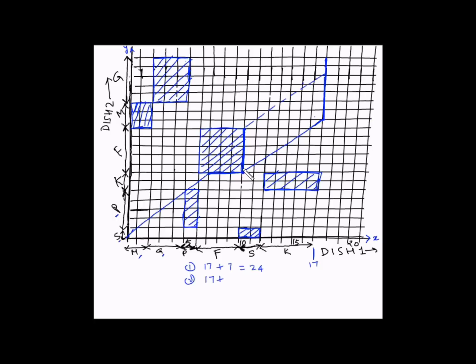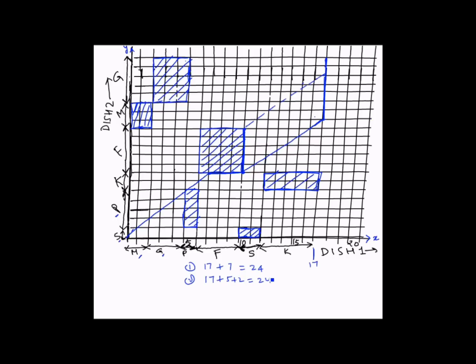So vertical distance is 1 2 3 4 5. So 17 plus 5, and then it travels vertical again here, so 1 and 2. So 17 plus 5 plus 2, this is also equal to 24. So basically we get the same overall time for both these paths.